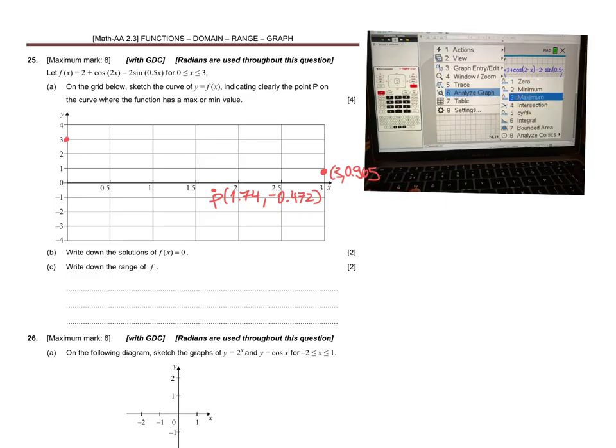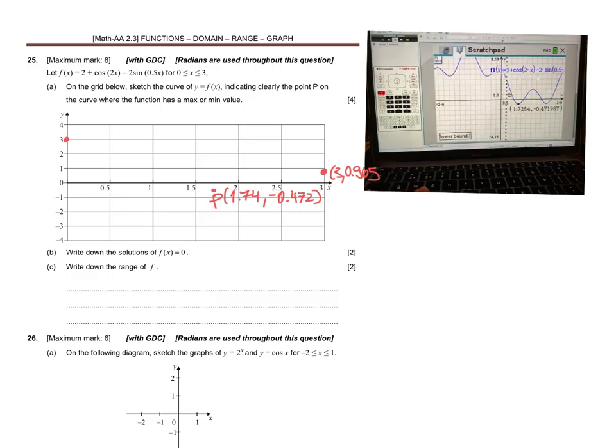So analyze graph, zero, 1.26. And again at 2.26, 2.260. And then you just have to draw this as best as possible.